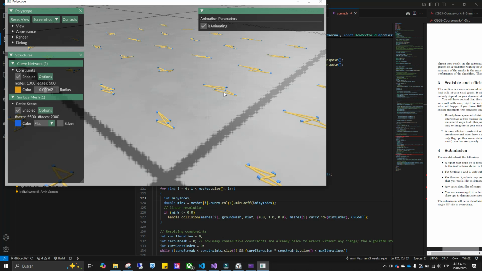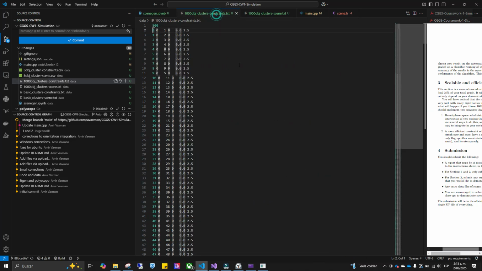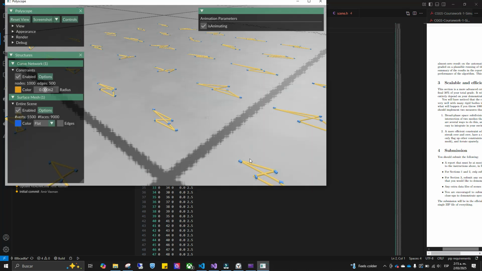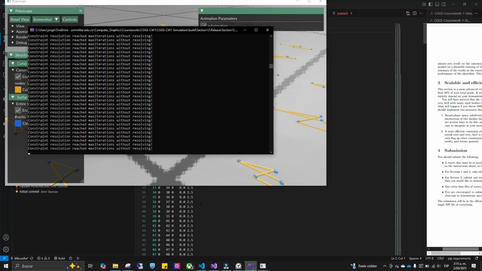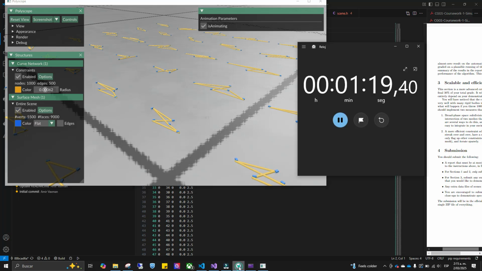Objects keep spreading out, and the constraint that was specified in this file is not being respected. Each object must be separated at most 2.5 units of measurement from its corresponding other attached mesh.